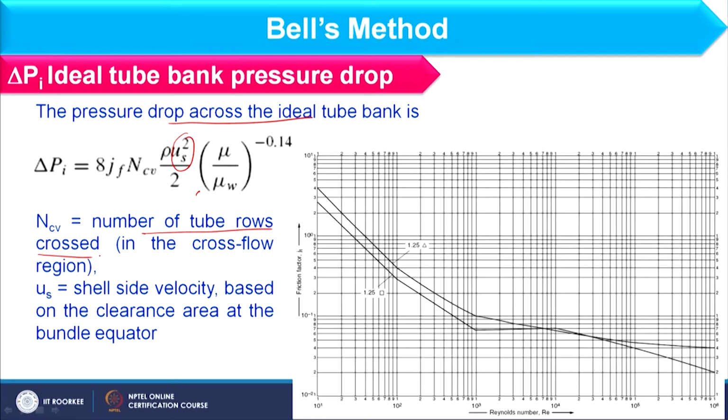So, if I am considering delta Pi in the cross flow zone, I am not having any longitudinal movement, I am only having transverse movement, or the movement perpendicular to the tubes. So, whatever friction we can have will be due to tube rows.